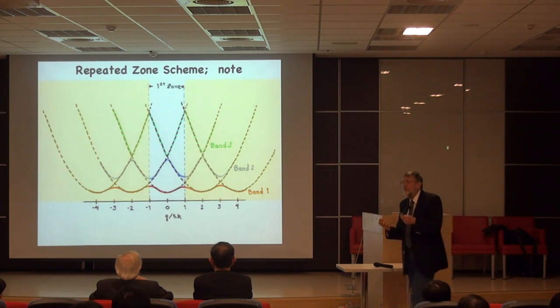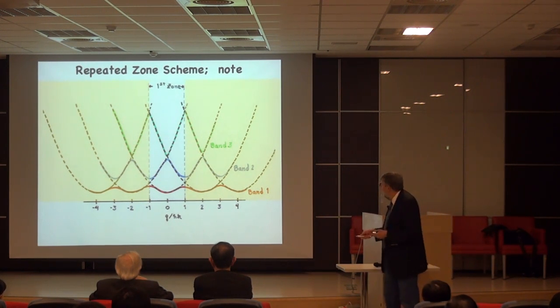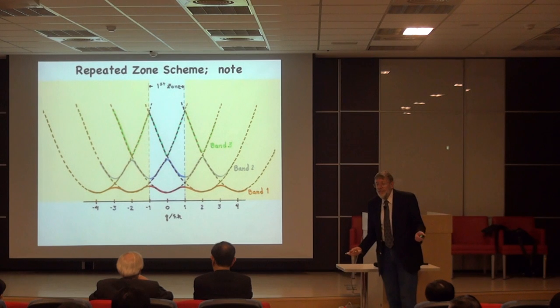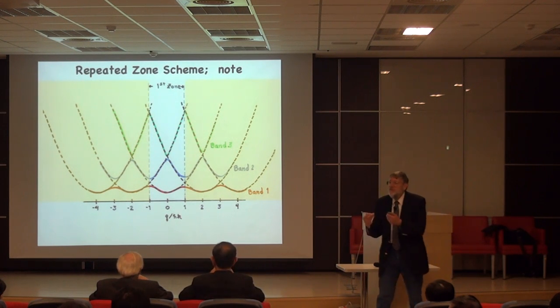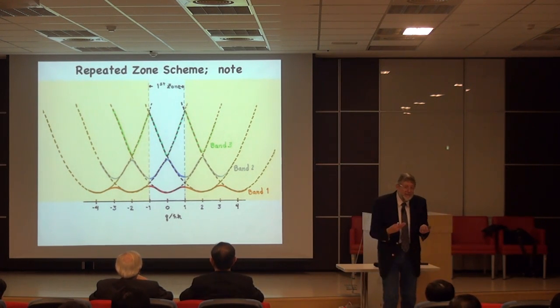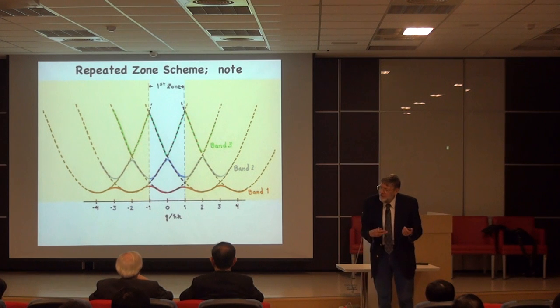So the reciprocal lattice vector, the thing that represents the change from this curve to that curve, is a change of one reciprocal lattice vector. That's how far we move the parabola over. That reciprocal lattice vector corresponds to the difference in the momentum of the photons of the two laser beams.